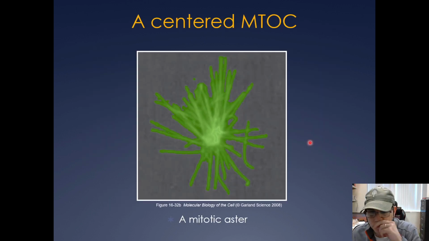And so here's just a centered microtubule organizing center, or a mitotic aster as it's shown here. And once again, the microtubules are all relatively the same length coming off of the centrosome.